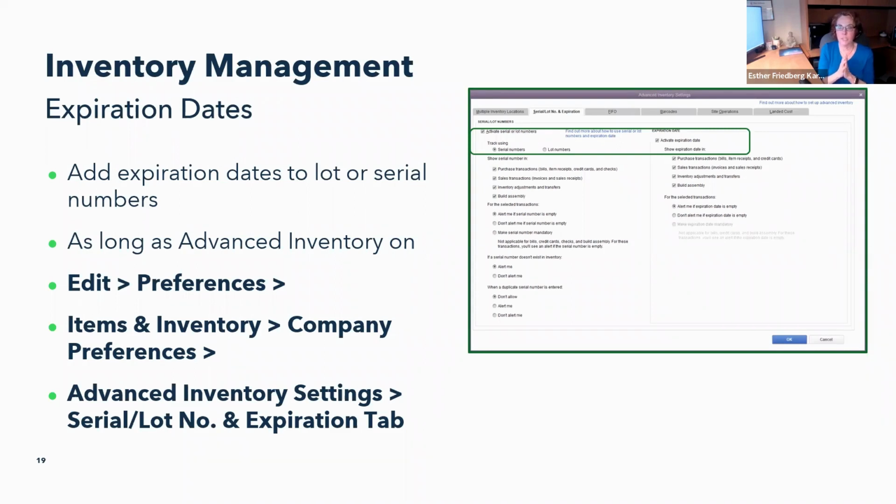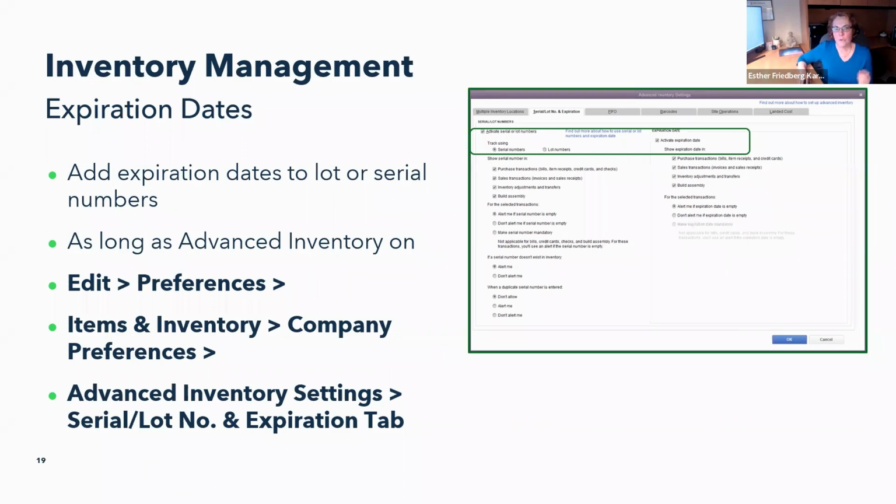Expiration dates are available in all editions of QuickBooks Desktop Enterprise, Platinum and Diamond subscriptions, and Enterprise Accountant for version year 23.